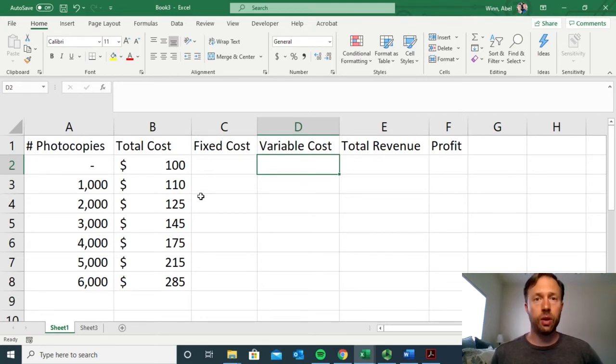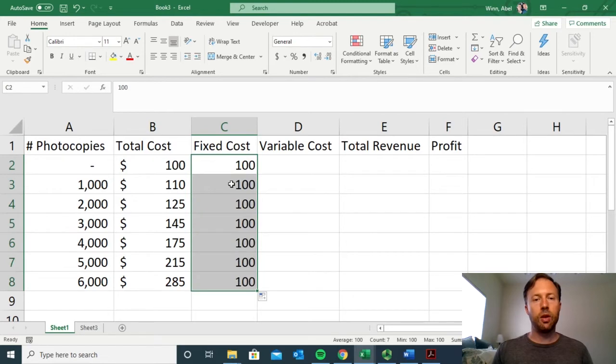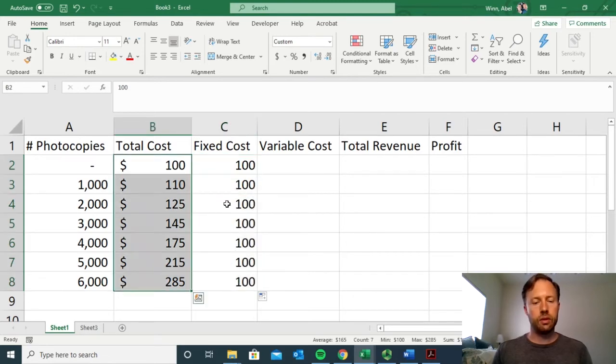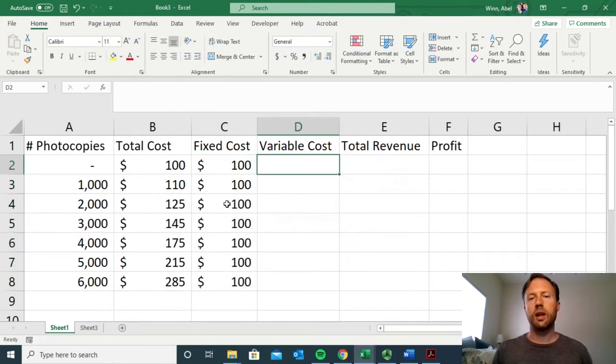So if you look at the total cost at 0 photocopies, that must be your fixed costs. Because your fixed cost is whatever it's costing you to be in business, even if you're not making anything. So your fixed costs are $100, and that's going to be the same no matter how many units you produce.